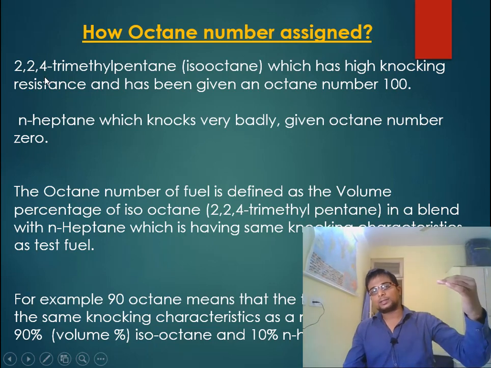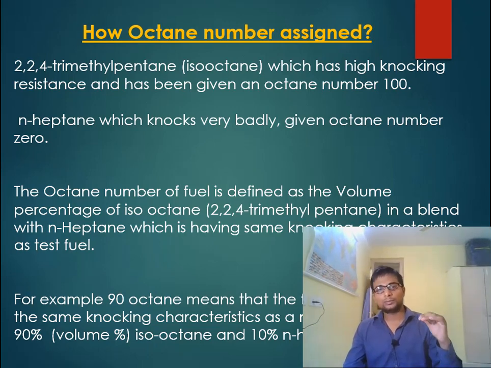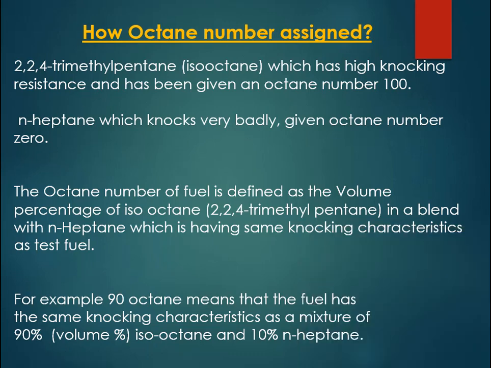So they gave isooctane an octane number of 100, and there is another hydrocarbon called N-heptane which knocks very badly, and they assigned octane number 0 to it. Now the octane number of any fuel is defined as the volume percentage of isooctane in a blend with N-heptane which has the same knocking characteristic as the test fuel or given fuel.